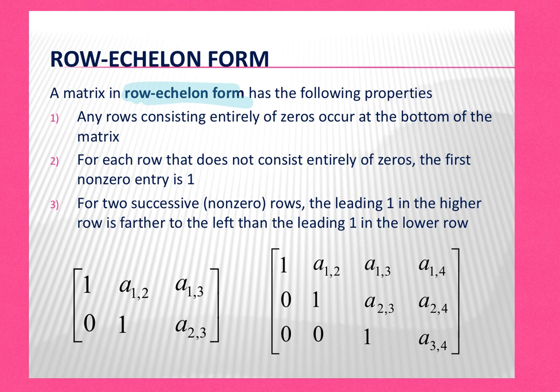So if there is a full row of 0, it has to be in row 3 or row 2, the bottom row. And then for each row that does not consist entirely of zeros, the first non-zero entry is 1. And what that means in normal words is that if I look from left to right in my matrix, the first number other than 0 has to be a 1.